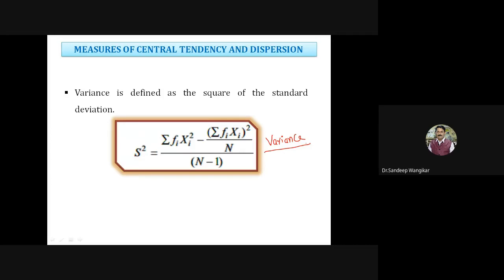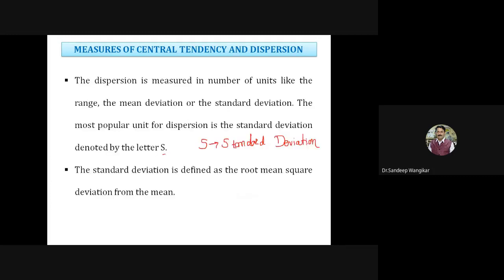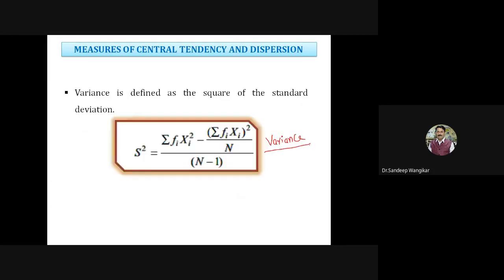If we take the square root, you will ultimately get the final answer. Before solving the numerical, once again I will repeat: the mean is given by summation fi xi divided by n, or by the summation of fi. Then we calculate the variance, and after that the standard deviation S is equal to the square root of whatever answer you get. You will put it here and get the value for the standard deviation.